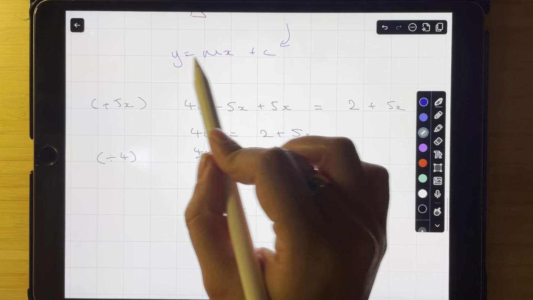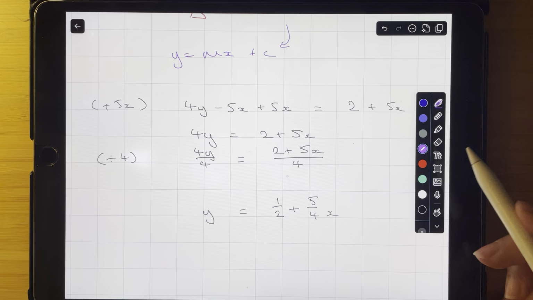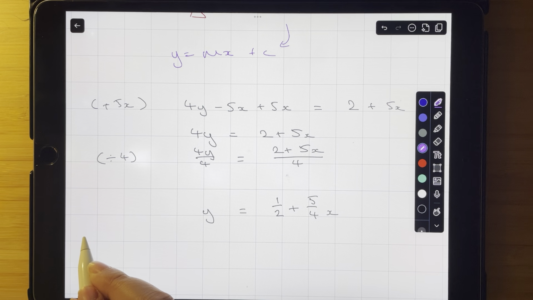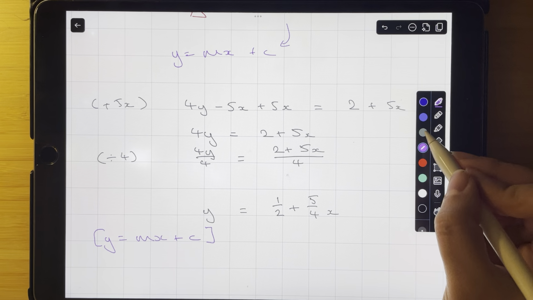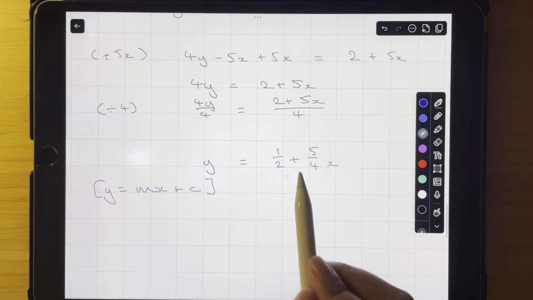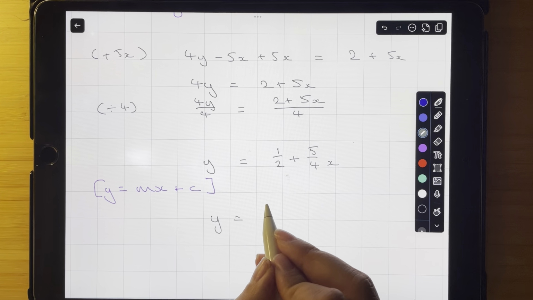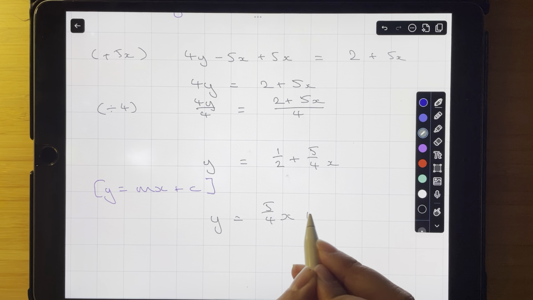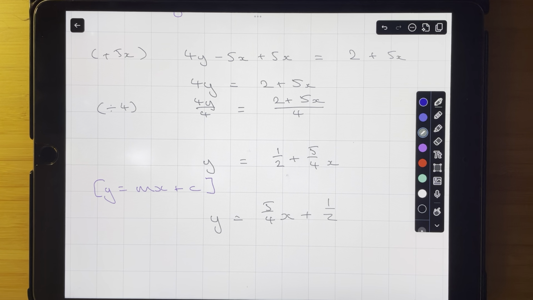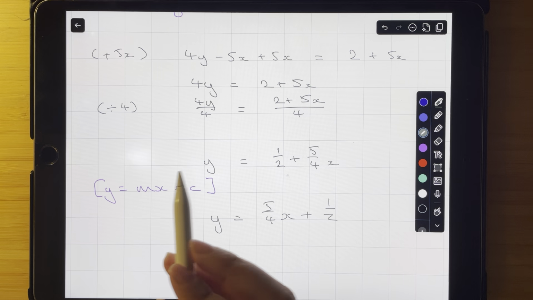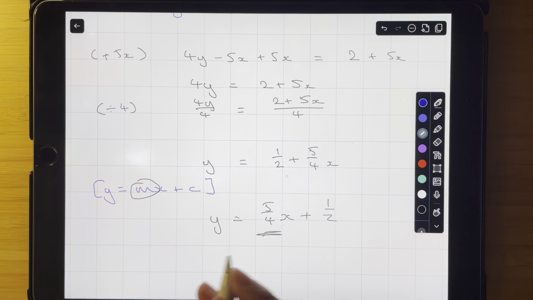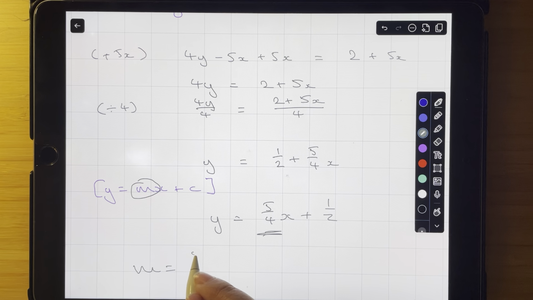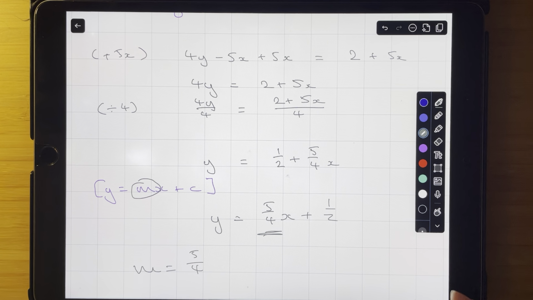And the goal was y equals mx plus c. So I'm just going to change around the order of these 2 things. y equals 5 over 4x plus a half. And this m here is this. So m equals 5 over 4.